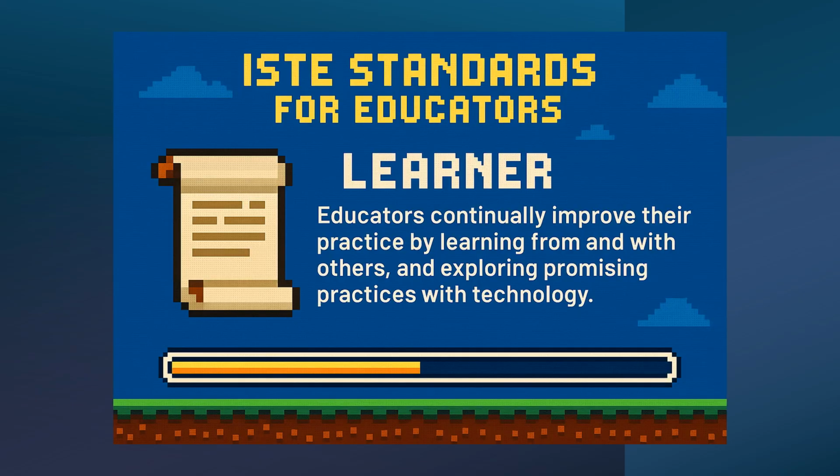The ISTE standards for educators include several stages. First, there's the learner stage, where educators continually improve their practice by learning from and with others and exploring promising practices with technology.